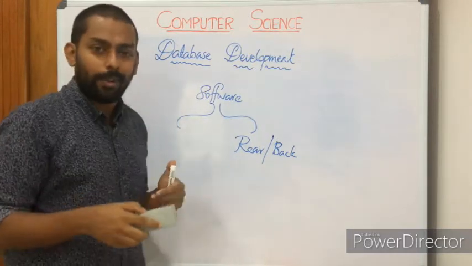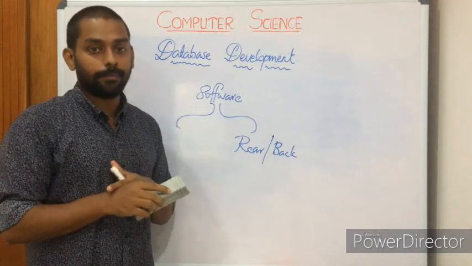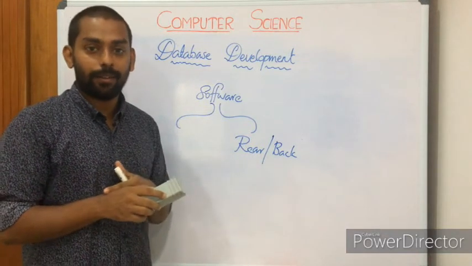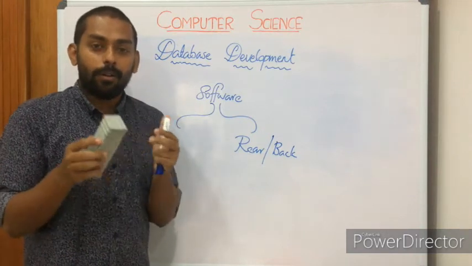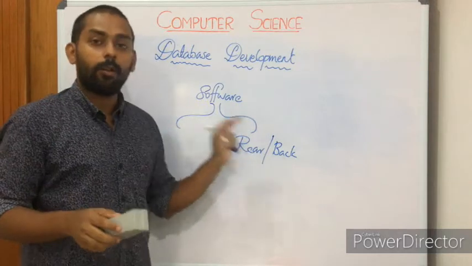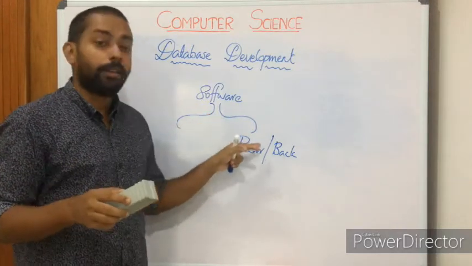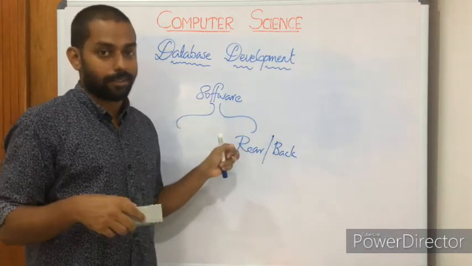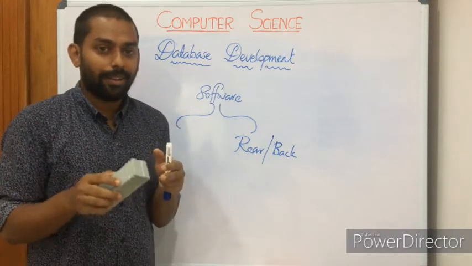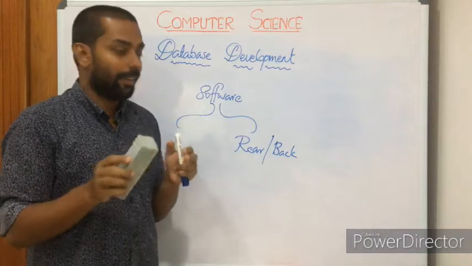And which one is complex, front end or rear end? Of course, rear end. Why? Because the majority of operations are done at the rear end or back end. So managing the back end is a complex task. That is what we are going to do. It is not as complex as we have said. It is very simple.